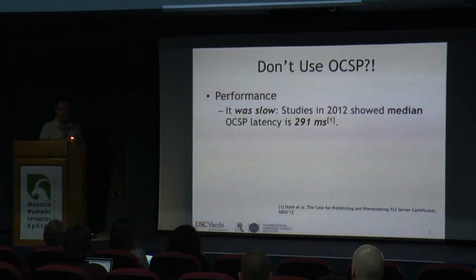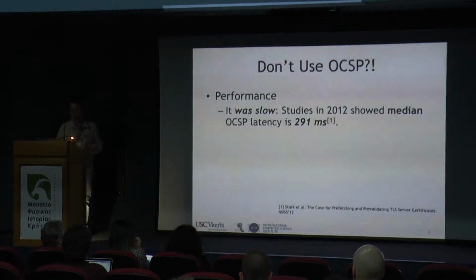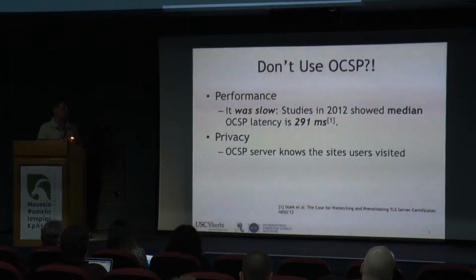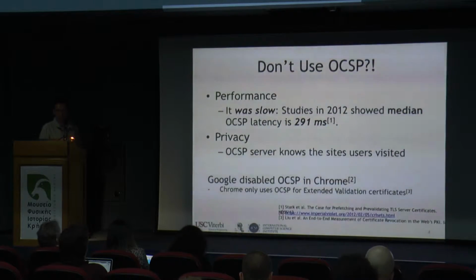So it was quite slow, and we as application users really want something like less than 100 milliseconds. Privacy is also another issue, because OCSP servers can know all the websites the user visited. And some very important applications, for example, Google Chrome, actually disable OCSP because of these issues.